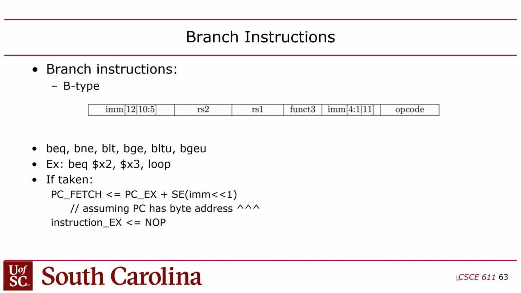Okay, so now let's talk about the immediate field. Yes? If in assembly language we have labels, we just substitute the labels with the instruction? Yeah, that's a good question. In assembly language, you don't have to worry about that offset at all.